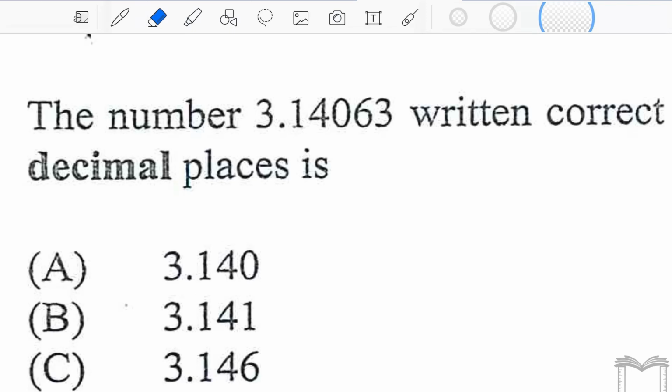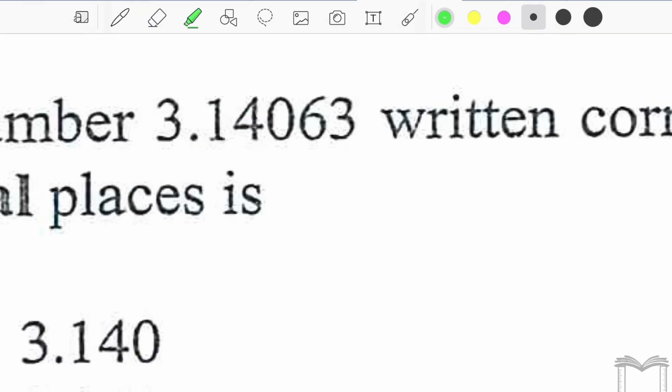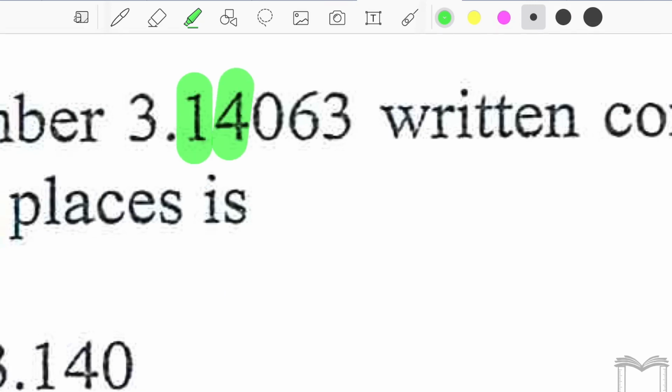So we should all know at this point that decimal numbers are the numbers after the decimal point. So that's the 1, the 4, the 0, the 6, and the 3. So the 1 will be the first decimal place, the 4 will be the second, and the 0 will be the third.